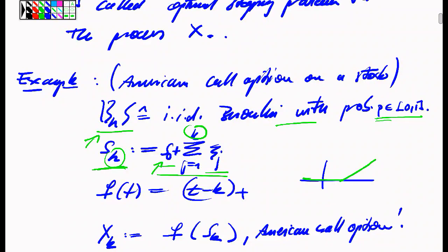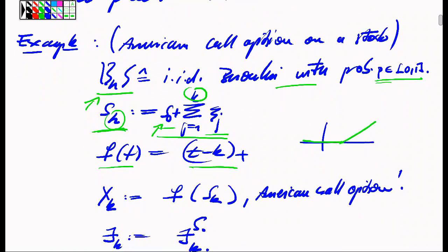And the American call option, for instance, is now determined by a certain function, which is a payoff function of the stock price.